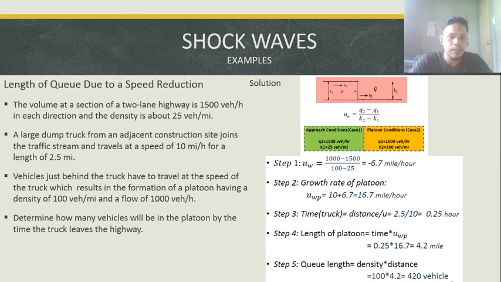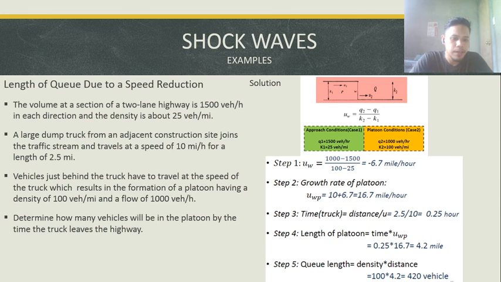So next is an example of a shock waves problem: the length of the queue due to a speed reduction. The volume at a section of a two-lane highway is 1,500 vehicles per hour in each direction, and the density is about 25 vehicles per mile. Then a large dump truck from an adjacent construction site joins the traffic stream and travels at a speed of 10 miles per hour for a length of 2.5 miles.